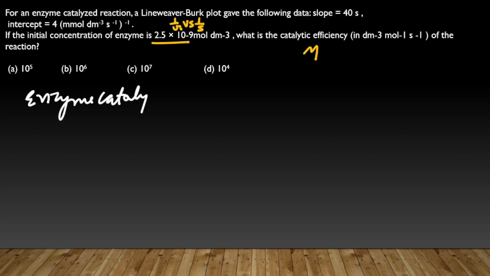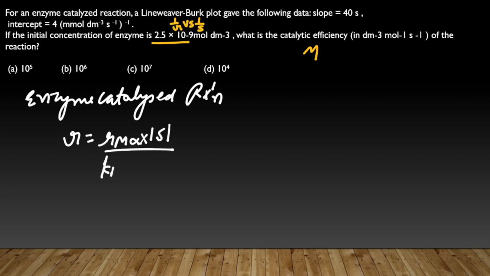Okay. Now for an enzyme catalyzed reaction, the rate expression that we get is R equals R max into S upon Km plus S. So this is the rate expression where R max, the maximum rate, is K2 into E naught.